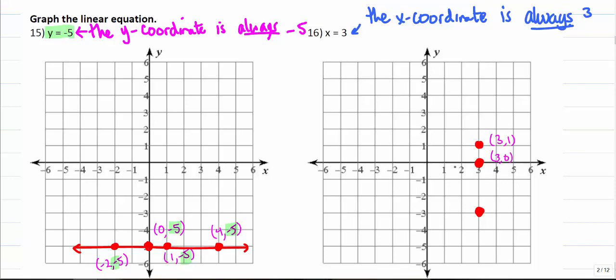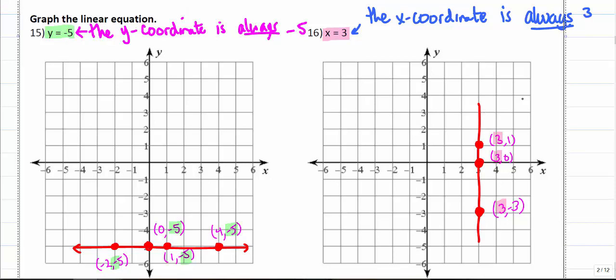This is (3, 1). Go over 3 and down 3. And so what you end up having here is a situation in which the x coordinate is always 3. And when we have that, we get a vertical line through that x coordinate. Cool. I still want it nice.